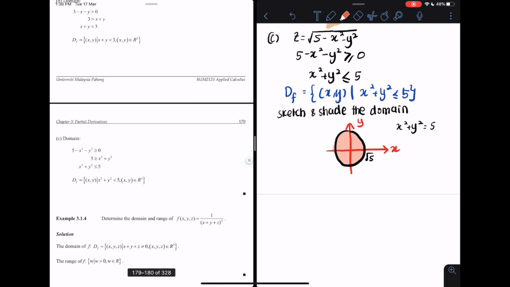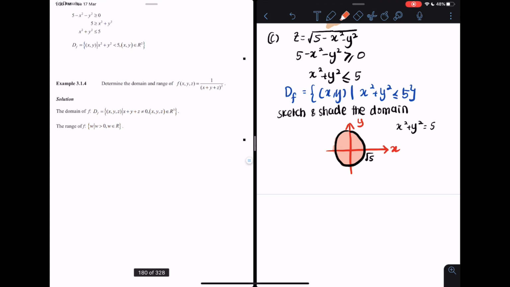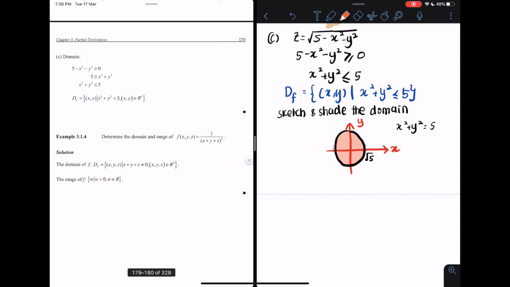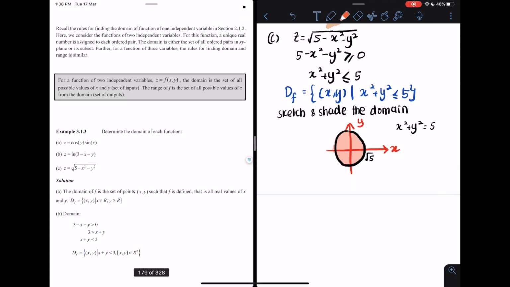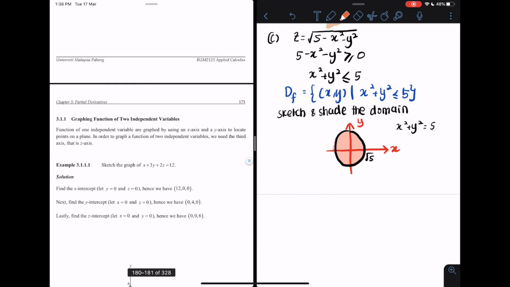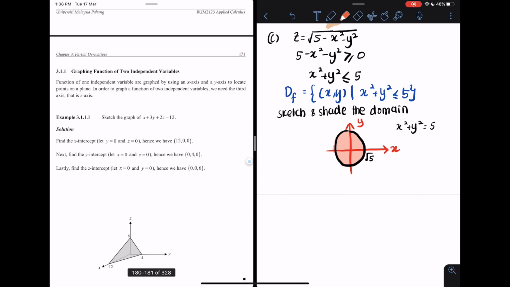Okay, I think you can read about how to determine the range of functions, because the range is defined as values of z from the domain. And I believe we have gone through the phase where we discuss how to sketch any surface in three-dimensional coordinate system.